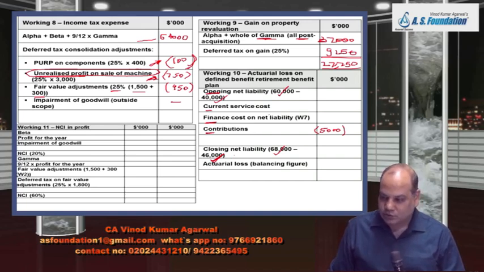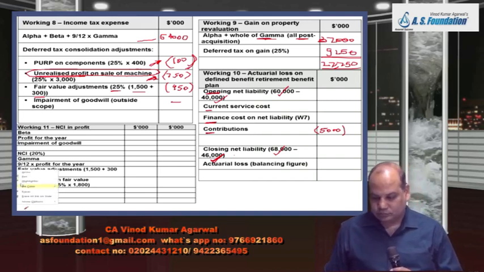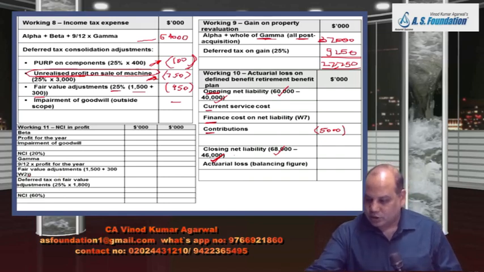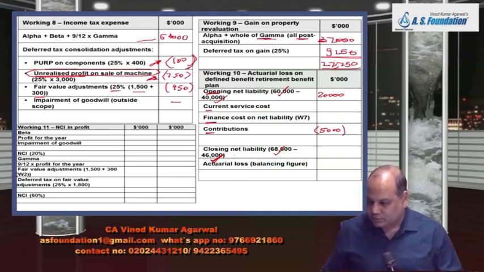The current service cost was, so what is the opening net liability right here? 20,000, and the closing net liability, 68 minus 46, is how much? 22,000. This is what they have given.